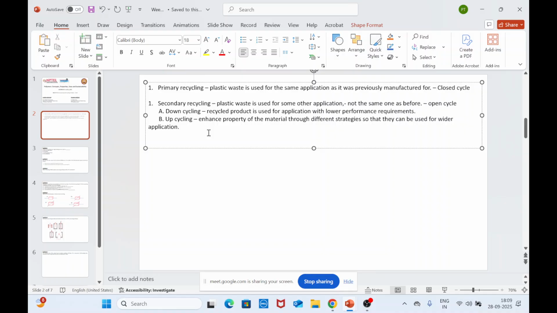One strategy can be mixing of any kind of performance enhancing additive, something like fillers or reinforcements. So additives, and apart from that, anything? You try to change the molar mass distribution of the polymer.